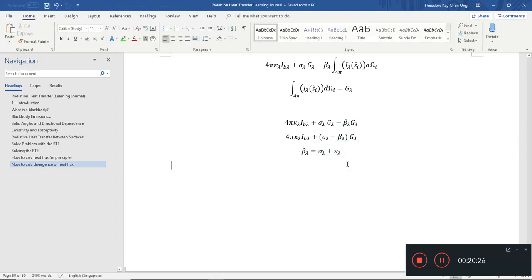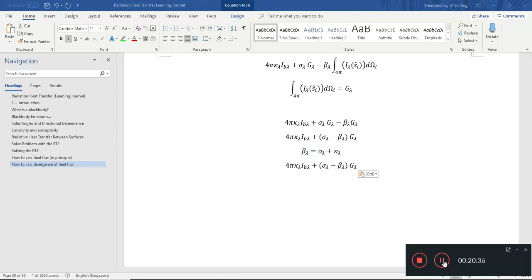If we rearrange, we get sigma lambda equals beta lambda minus kappa lambda. Altogether, this quantity is actually minus kappa lambda. I'm not going to do the proving, but it's just simple addition and subtraction.